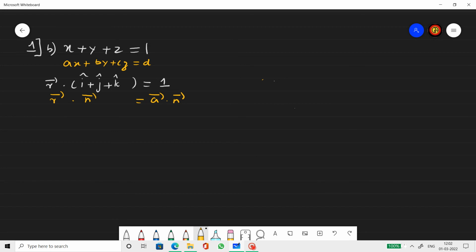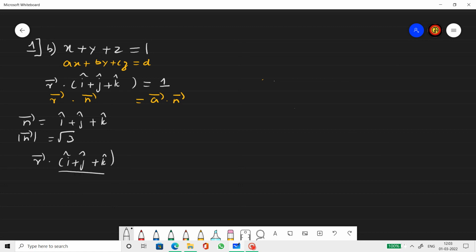Now let's consider the n vector separately, which is i cap plus j cap plus k cap. The magnitude of this is root 3, isn't it? Now divide both sides by the magnitude. r vector dot (i j k caps) all divided by root 3 equals 1 by root 3.